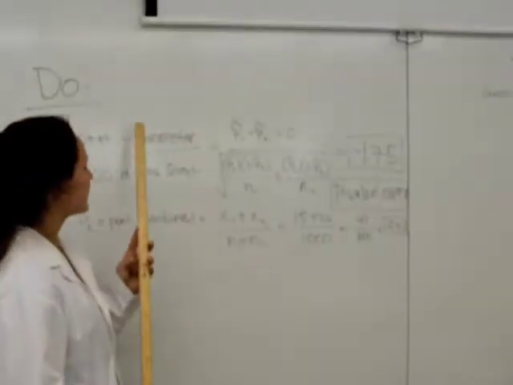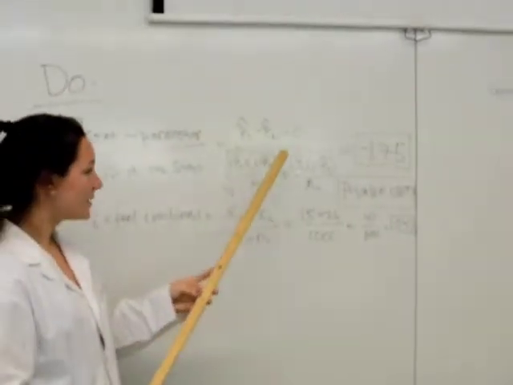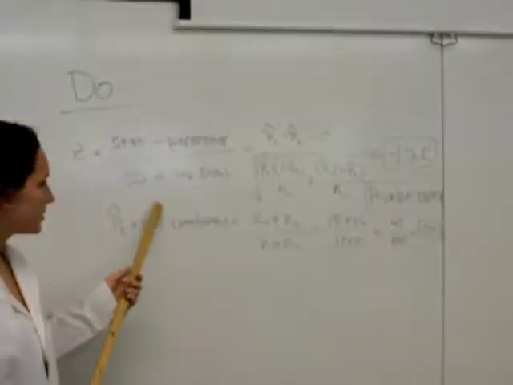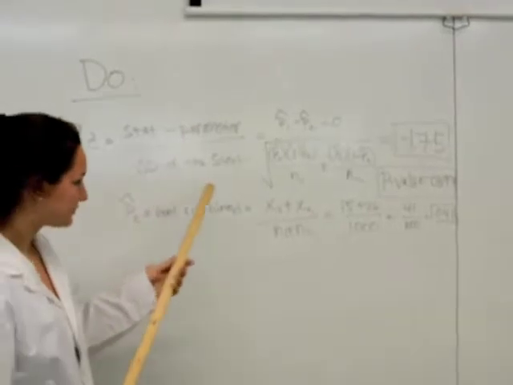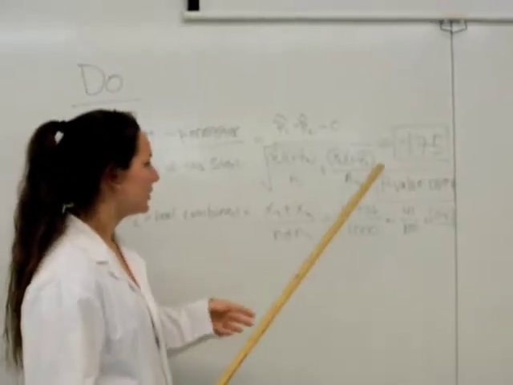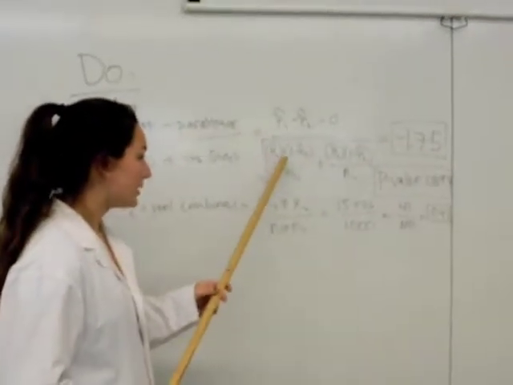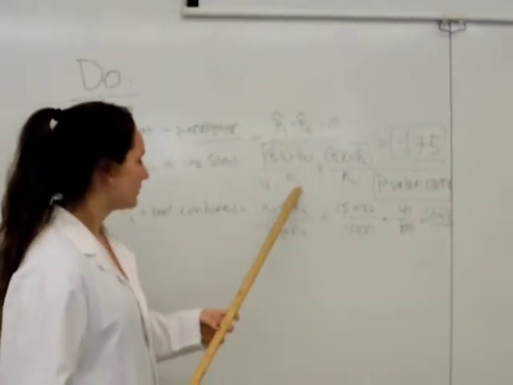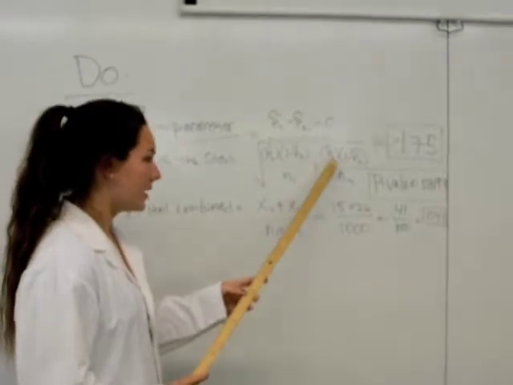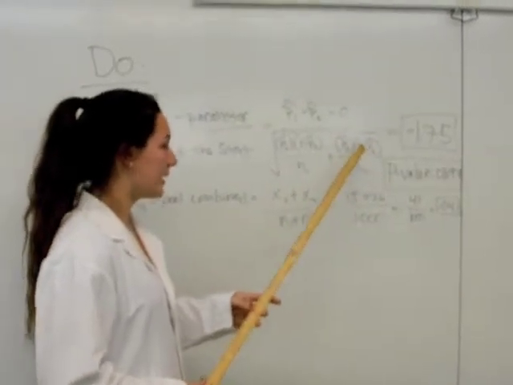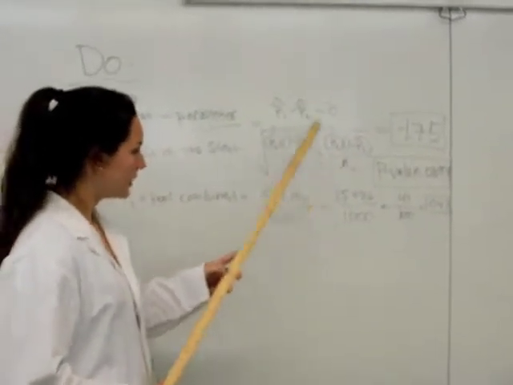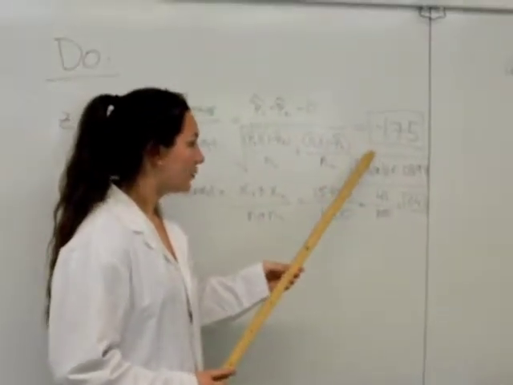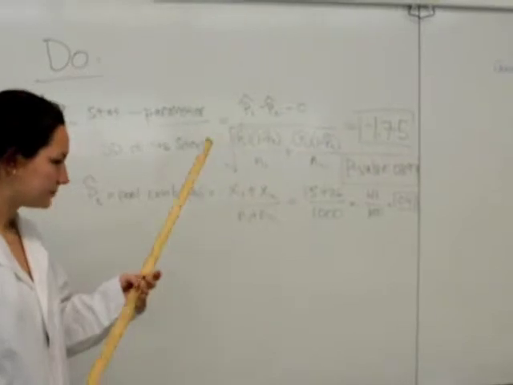In this case, the stat is p-hat 1 minus p-hat 2, the parameter is 0, and the standard deviation of the stat is equal to the square root of p-hat combined times 1 minus p-hat combined over n1 plus p-hat combined times 1 minus p-hat combined over n2. When you plug in all the values into that, we get negative 1.75.